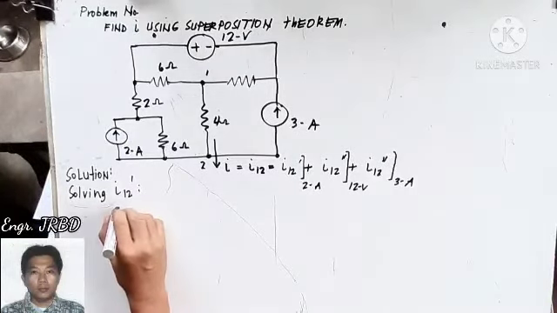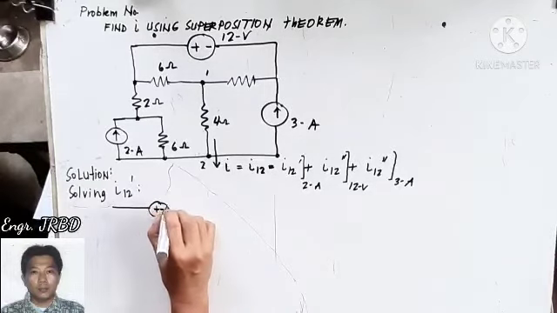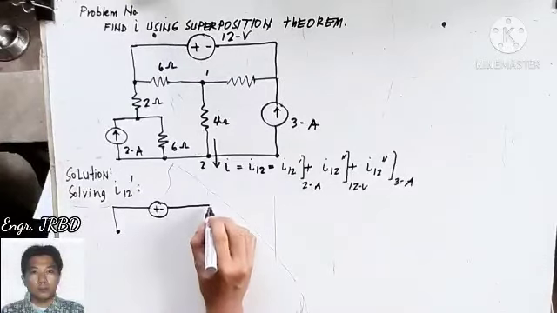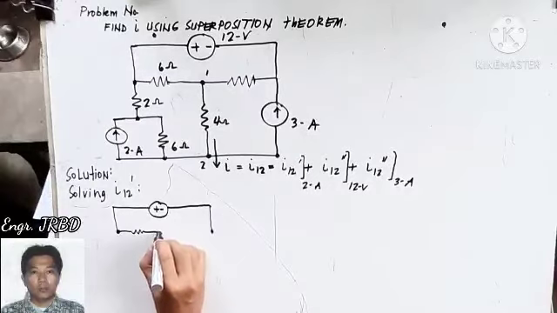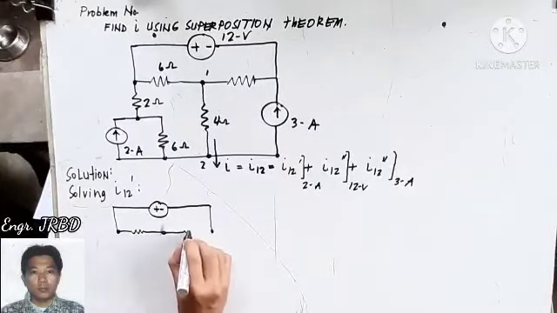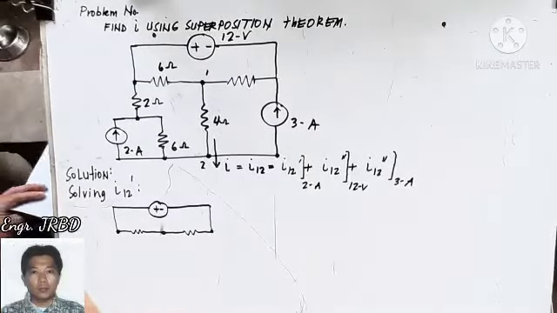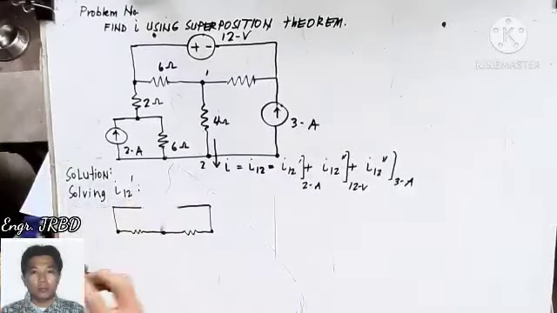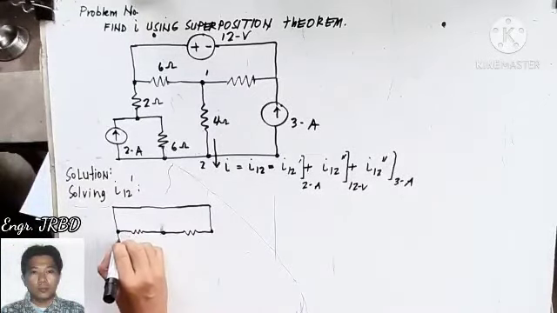Okay, here is our circuit. Replace also your voltage source by its equivalent internal resistance. Ideally, that is a short circuit or zero.